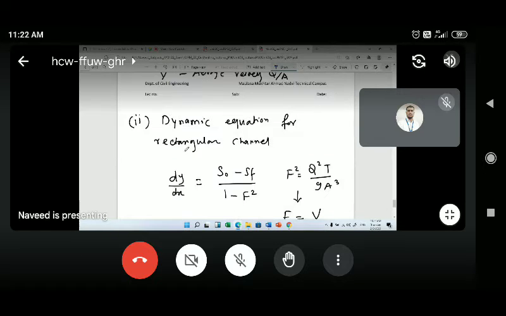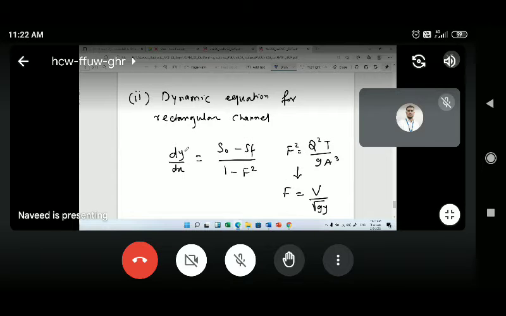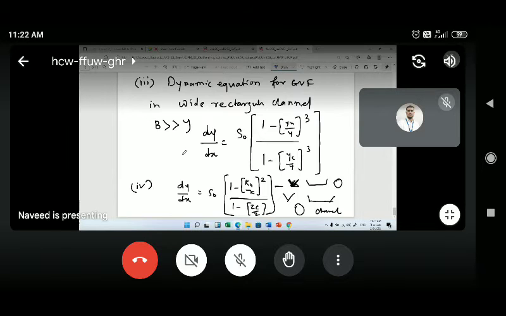And then we come to the dynamic equation for the rectangular channel, similarly for the wide rectangular channel, and the generalized equation for the trapezoidal, triangular, and circular channel, by using the convenience factor K and the section factor Z.